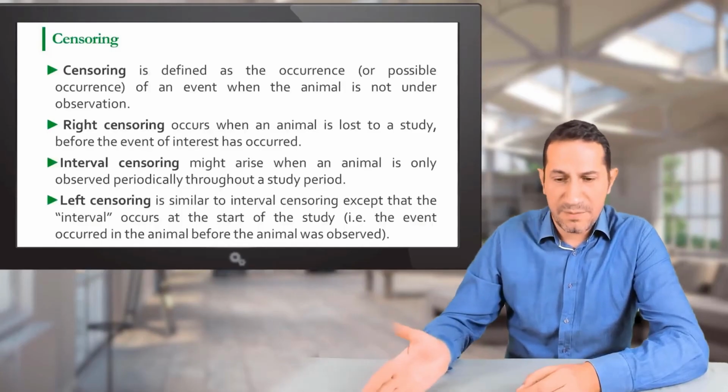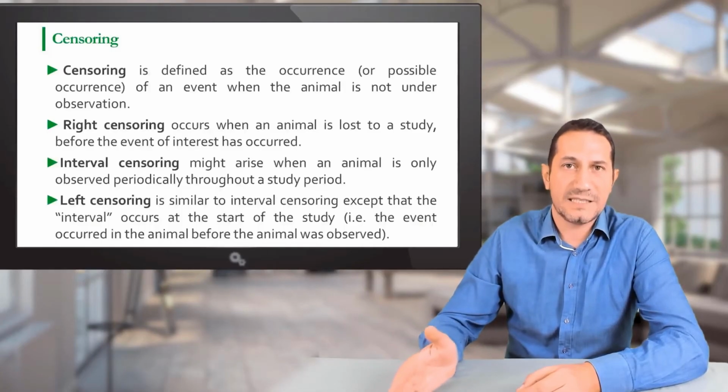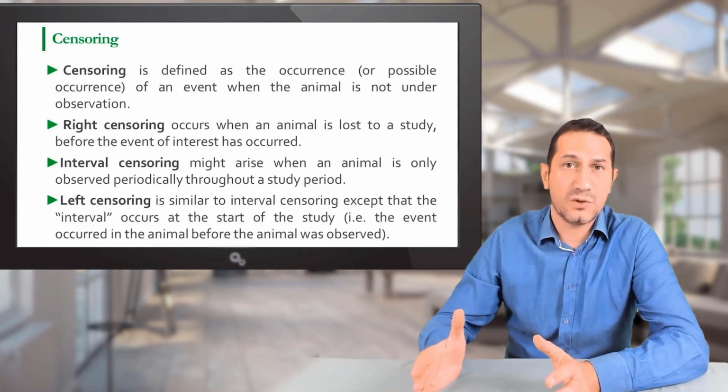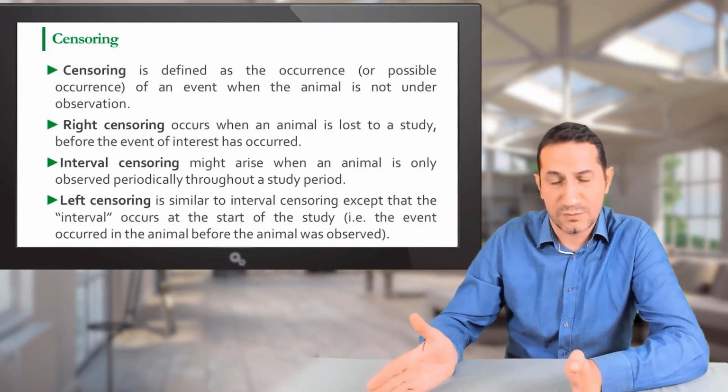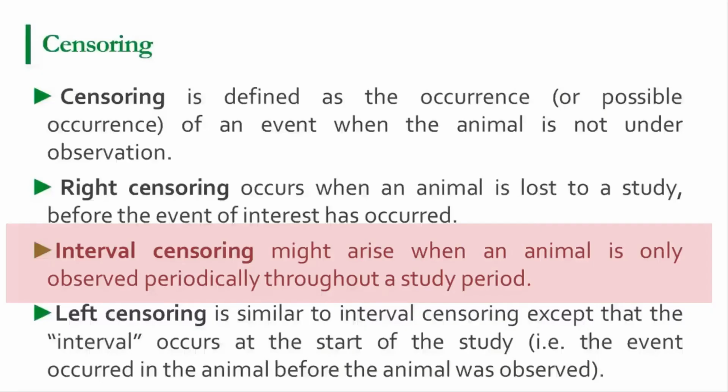But in a time period we find out that an animal died, so we don't know the exact moment when the animal died because it's 6 months, and we would say it has occurred between interval 1 to 2 or 2 to 3, so it depends on the interval to identify where that animal falls. So then we censor that slice of time.